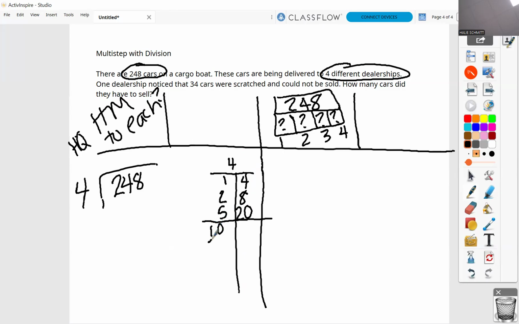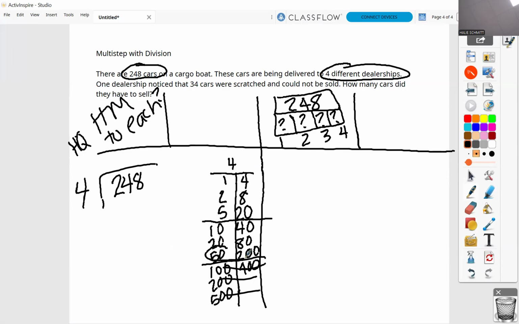And then you have 10, 20, 50. And you can have 100, 200, 500. Well, 400 is too much, so I don't need to keep going.